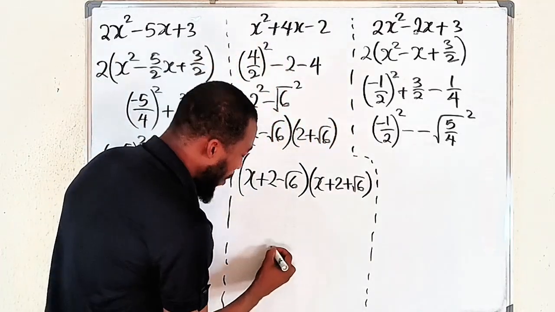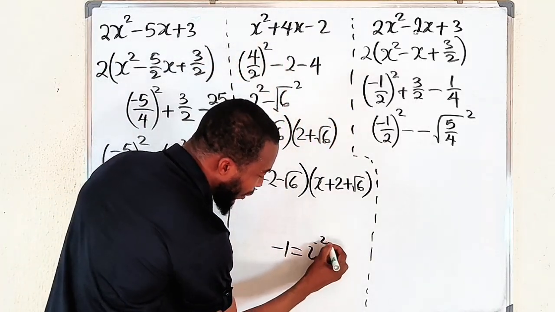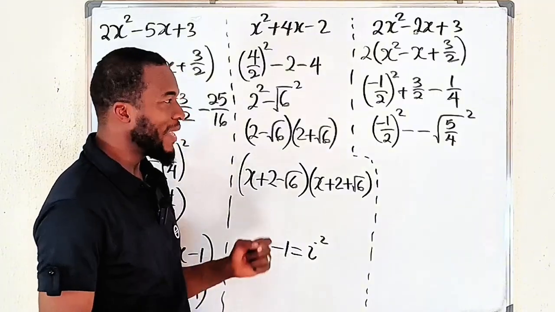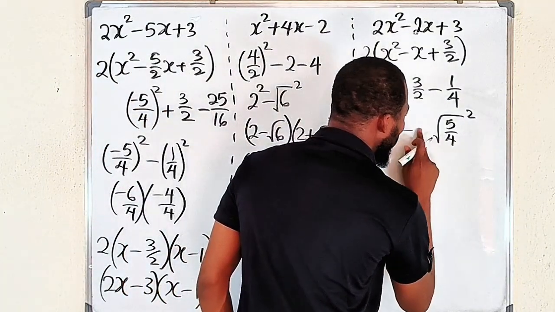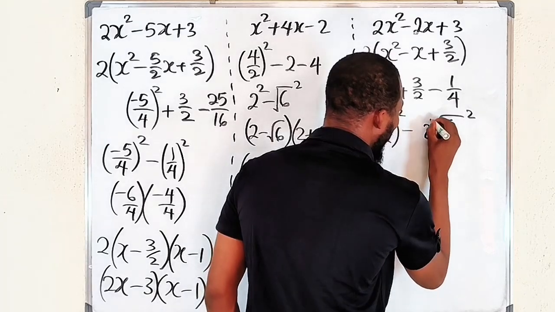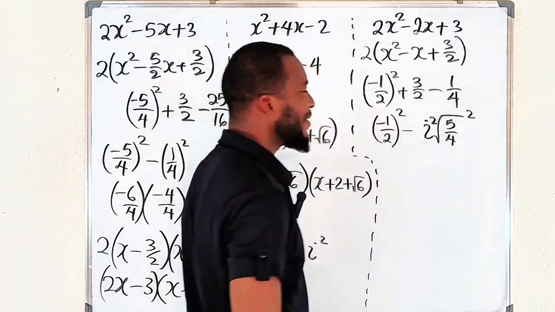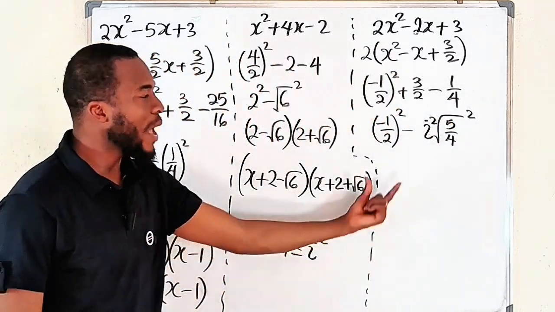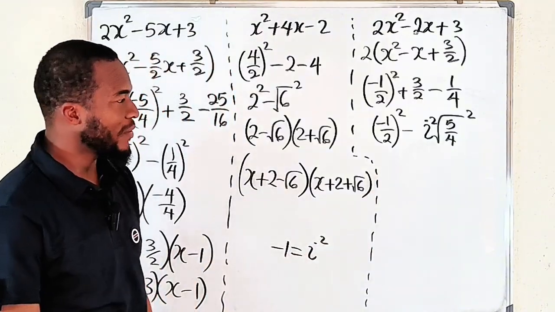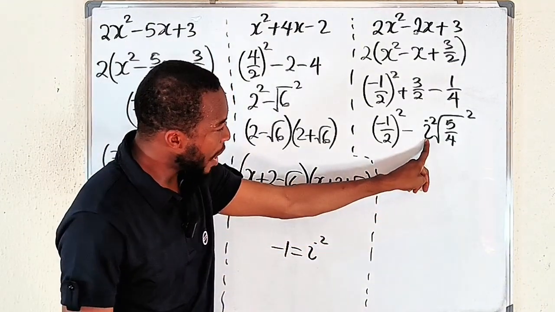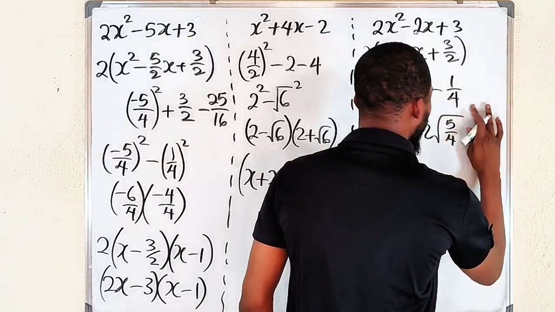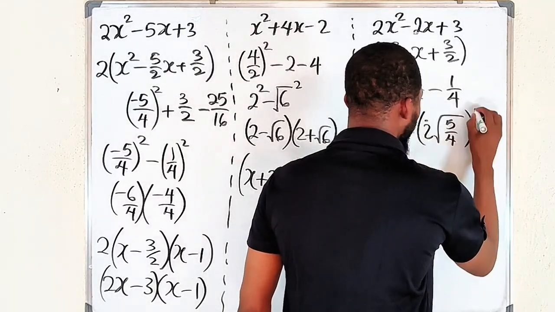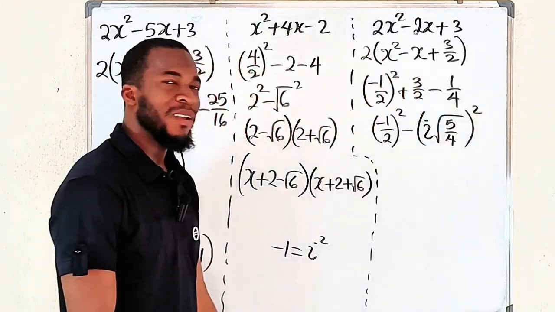Because I know that minus 1 is the same thing as i squared. So I'm trying to introduce a difference of two squares. So instead of this minus, I can attach i squared. You see the logic? Now we have a difference of two squares. Because this has a power of 2, this has a power of 2, you can even join them together so that all of them have the same exponent of 2.